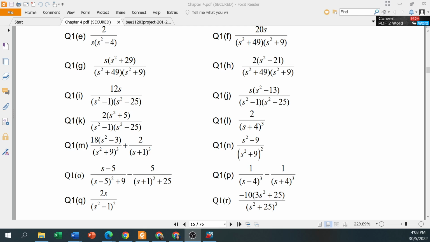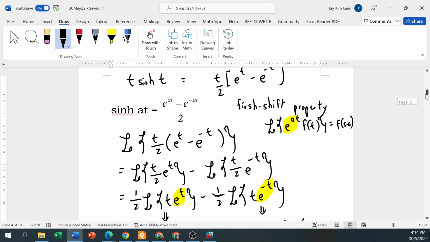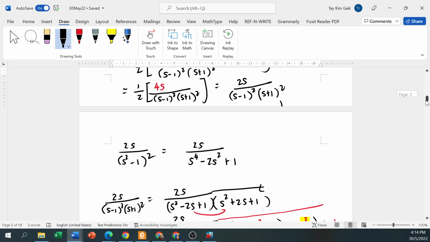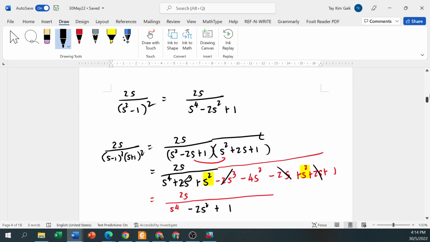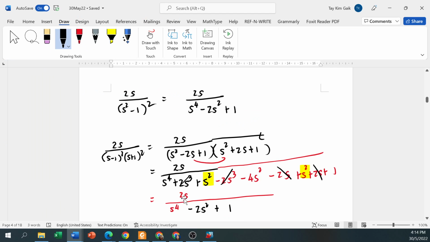Hold on, we are going to check using Maple. This is the answer given by Maple: the Laplace transform for t sin t is 2s over (s squared minus 1) squared. If we expand it, we have 2s over s to the power 4 minus 2s squared plus 1.